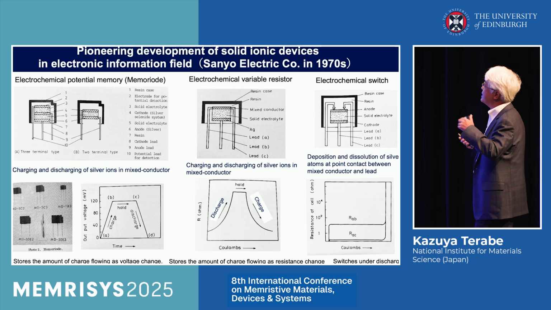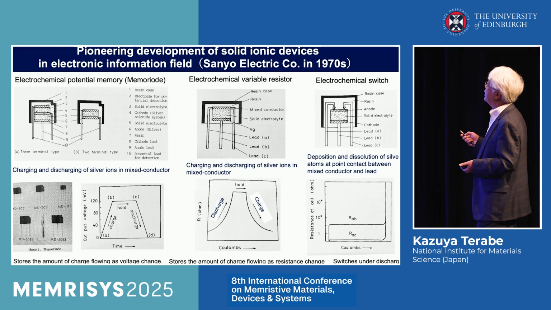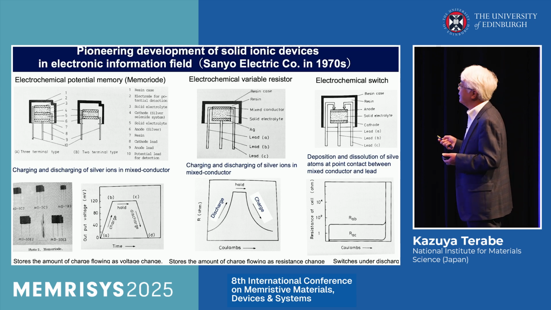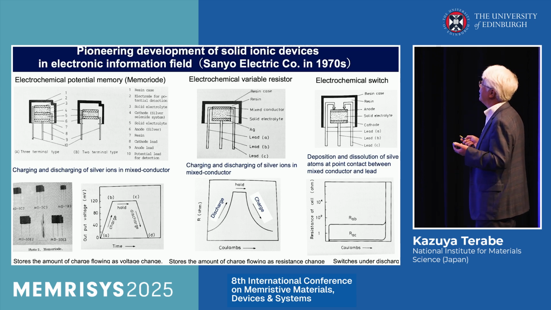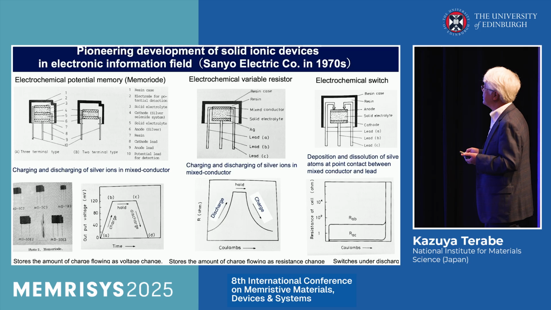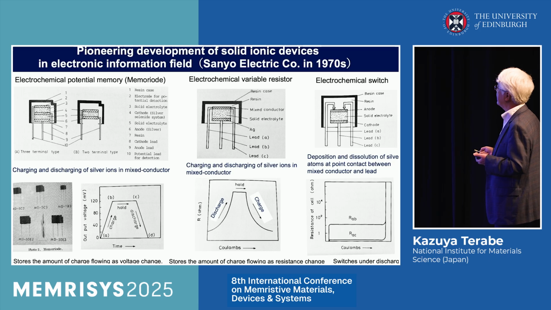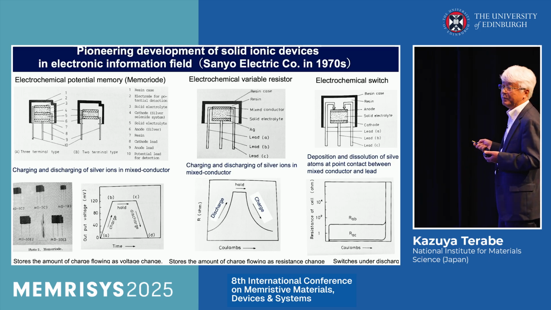On the other hand, on discharge the polarity is changed, and the point of contact disappears. Using this behavior, they can operate switching. This is the current flow, this is the resistance, and you can see the resistance increase quickly. This is the switching behavior.